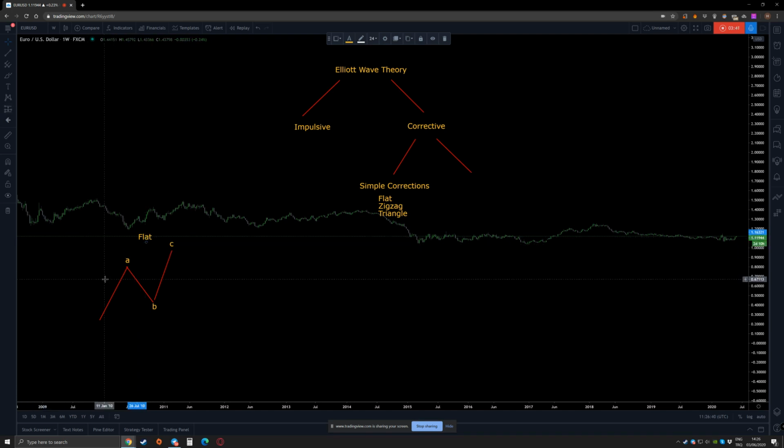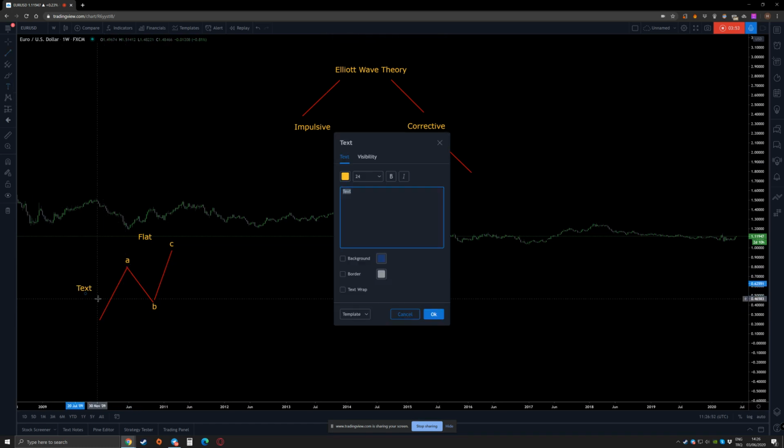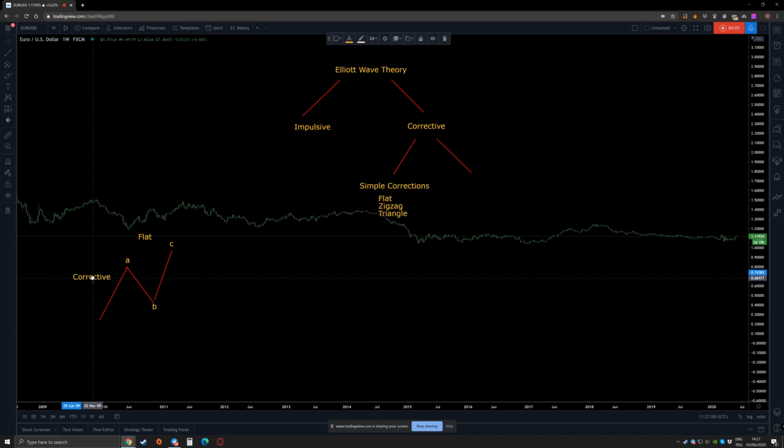The basics of a flat is this. Wave A of the flat, this part right here, from 0 to A, has to be a corrective wave. So we have a wave A that is corrective.